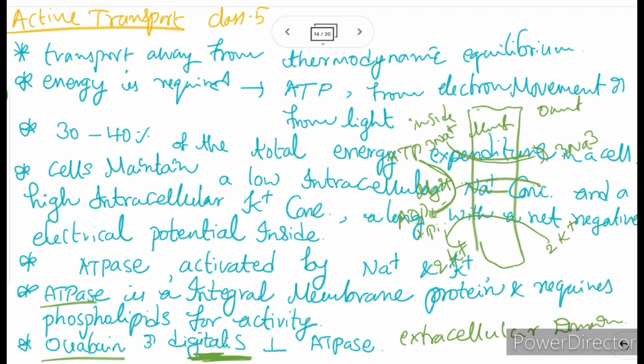So sodium ions are pumped out and potassium ions are brought in, with 3 sodium ions and 2 potassium ions per ATP.